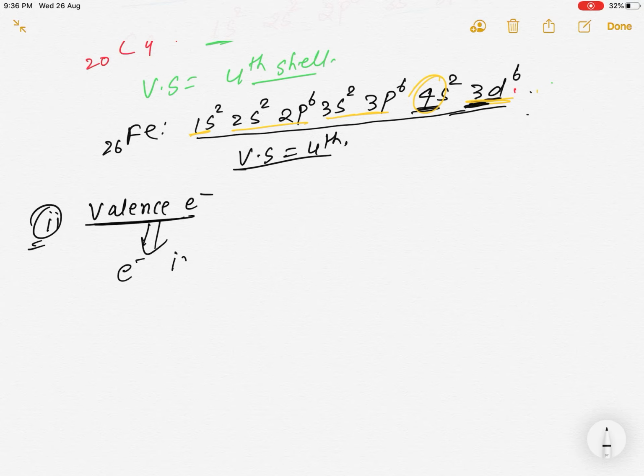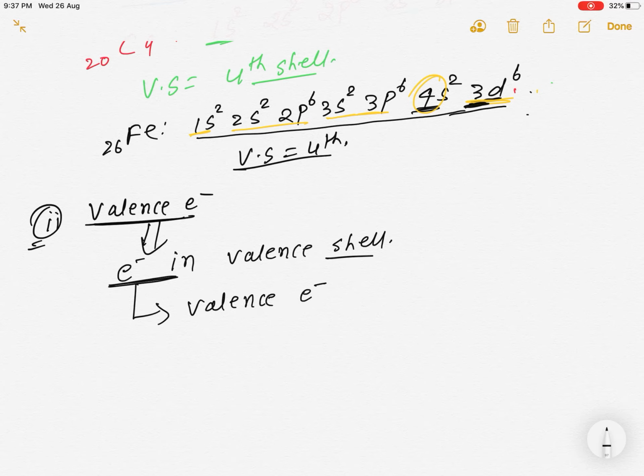Having knowledge of valence electrons is very important, because these are the electrons which participate in a chemical reaction. So we can write it in a note that valence electrons participate in a chemical reaction.